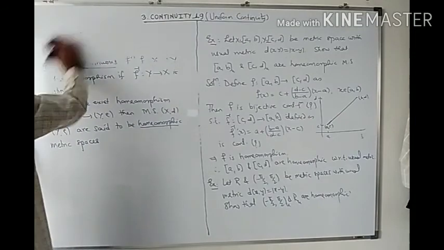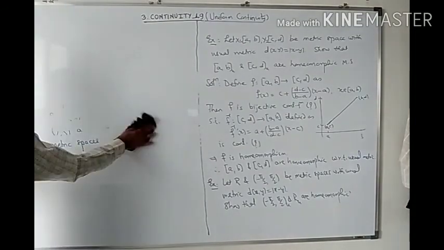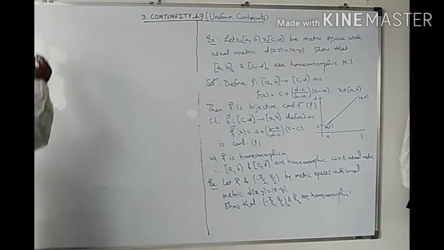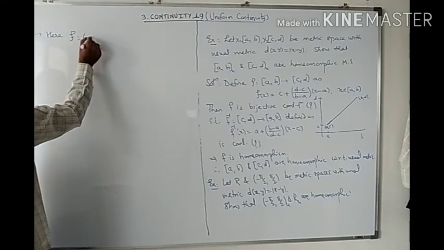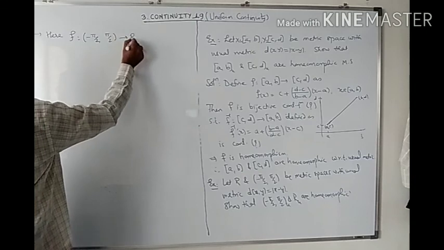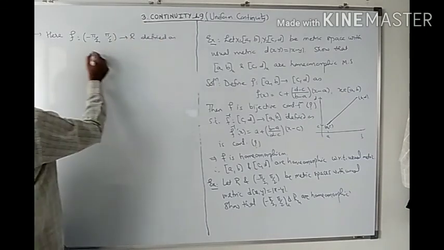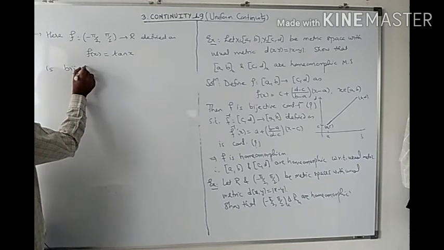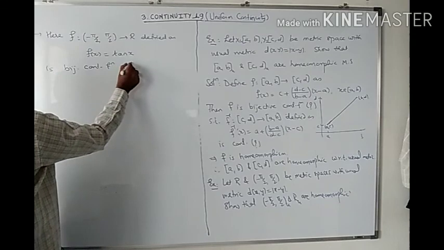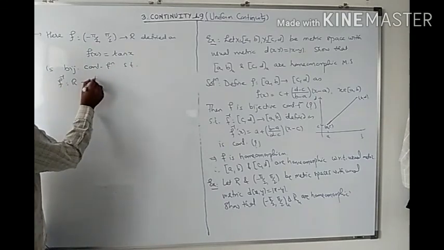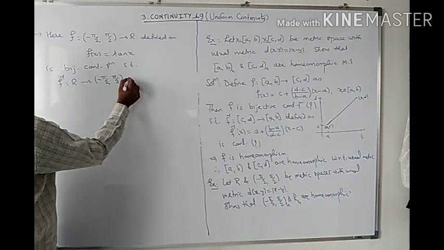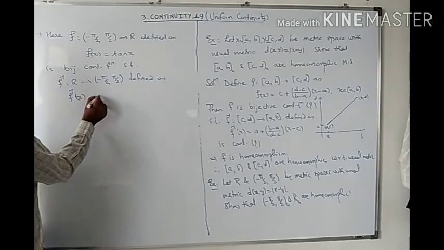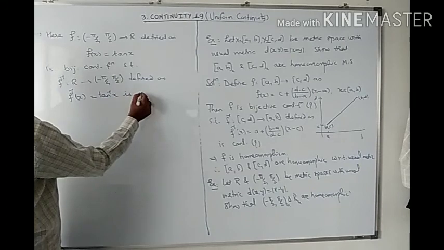You are well familiar that tan x is a bijective function from (−π/2, π/2) to R. So here f from (−π/2, π/2) to R defined as f(x) = tan x is a bijective continuous function such that f inverse from R to (−π/2, π/2), defined as f inverse(x) = tan inverse x, is a continuous function.